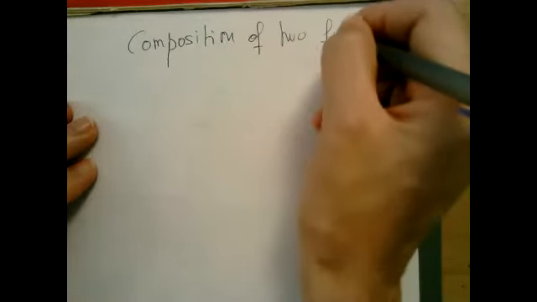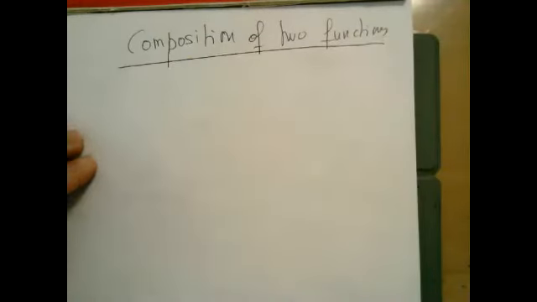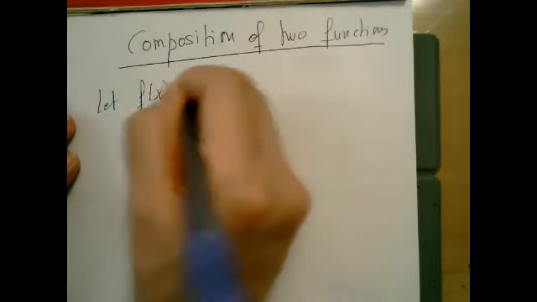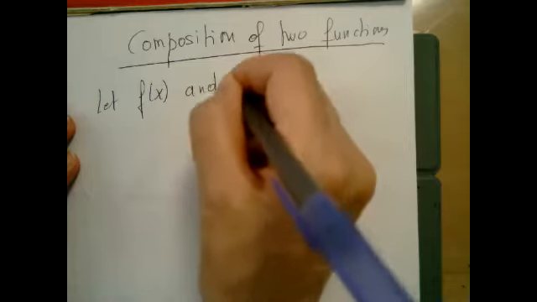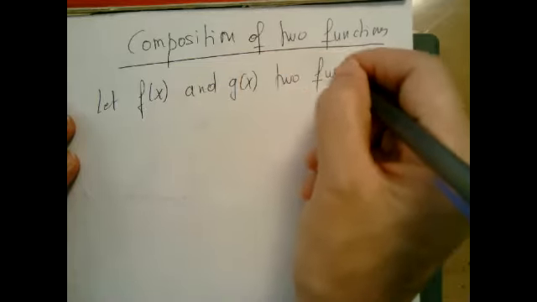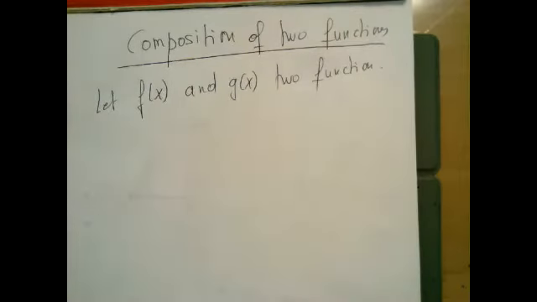It's fairly simple. Usually you shouldn't have any issue with those ideas. So suppose we have two functions, let f of x and g of x be two functions. We're going to construct a third one, the composition of two functions.